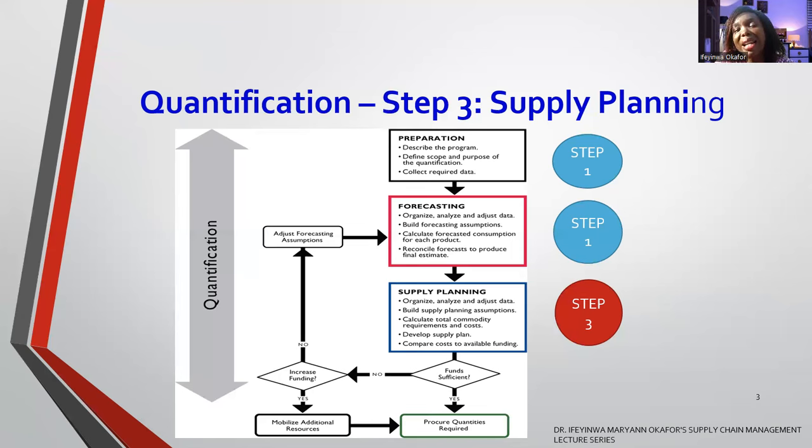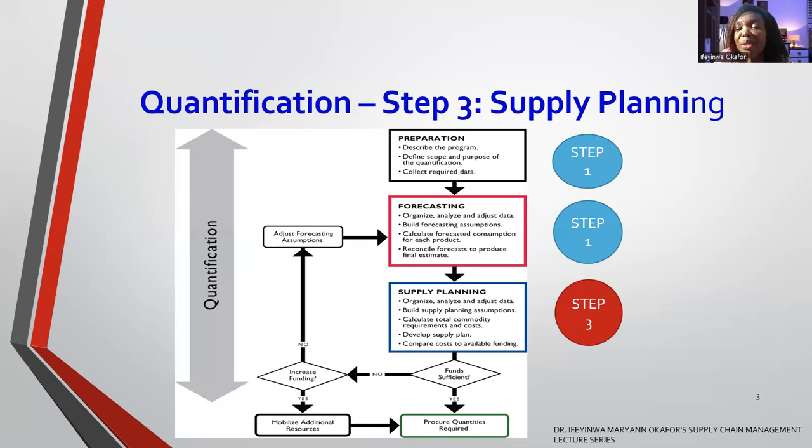And it is also at this stage that you need to gather the data that you will need for your forecasting and supply planning.